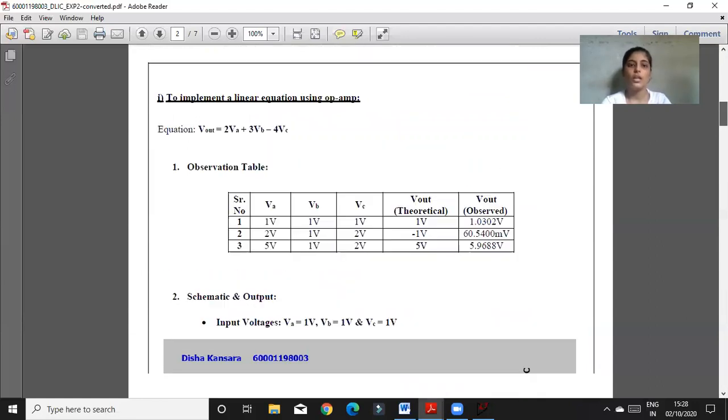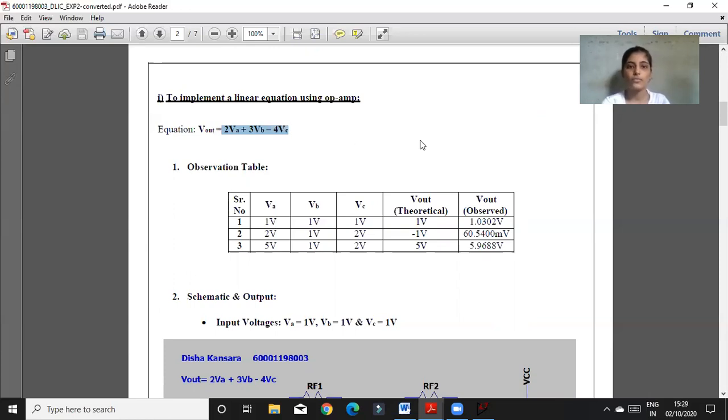Here I'm considering one equation where V out is equal to 2 VA plus 3 VB minus 4 VC, and I made an observation table with three sets of readings of VA, VB, and VC. The first reading is 1 volt, 1 volt, and 1 volt, and I theoretically calculate V out as 1 volt.